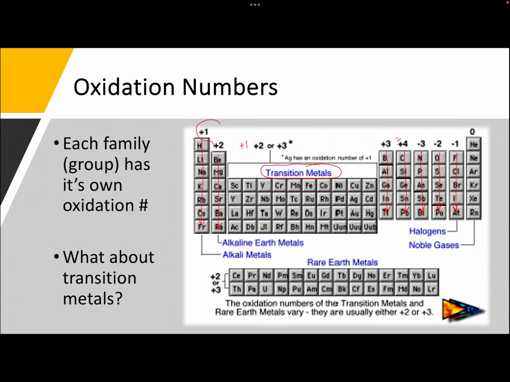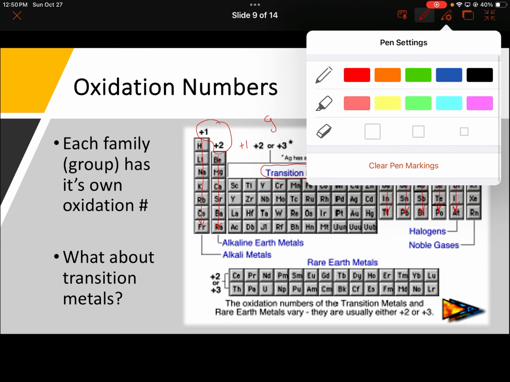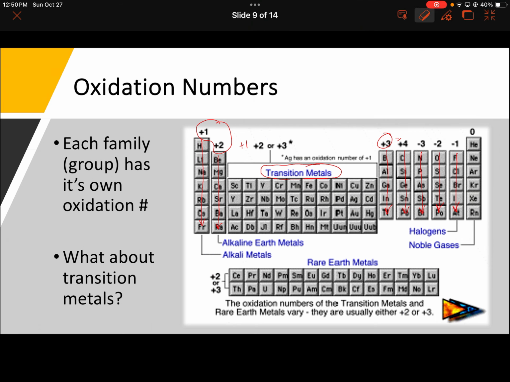So groups 1, 2, transition metals, and group 3, they want to lose electrons.